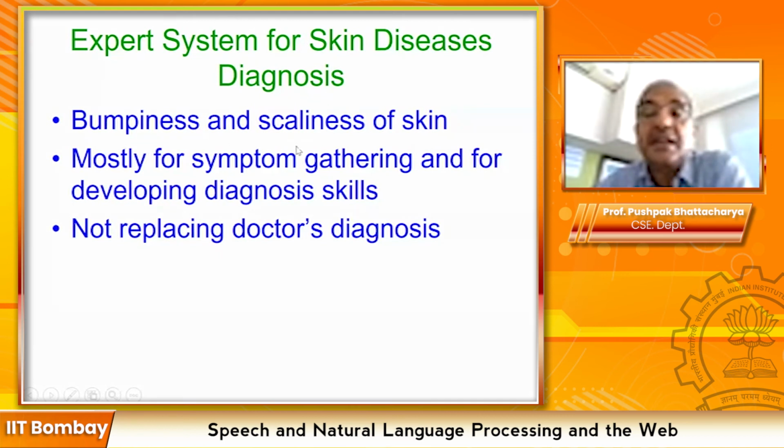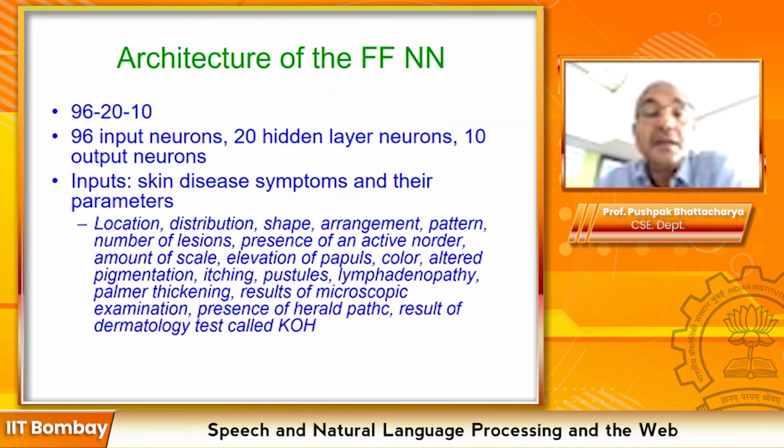There is bumpiness and scaliness of skin, mostly for symptom gathering and for developing diagnosis skill, not replacing the doctor's diagnosis. So doctors are not being replaced. This is a skin specialist's job. There is bumpiness and scaliness of the skin, and you have to diagnose what is the disease of the skin.